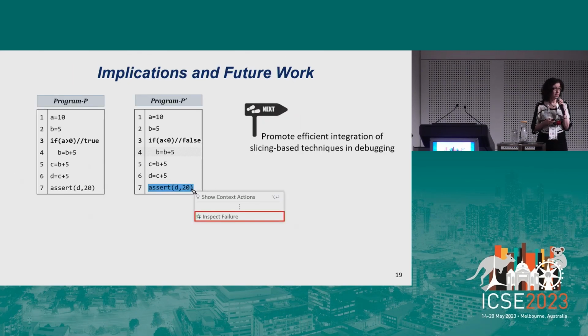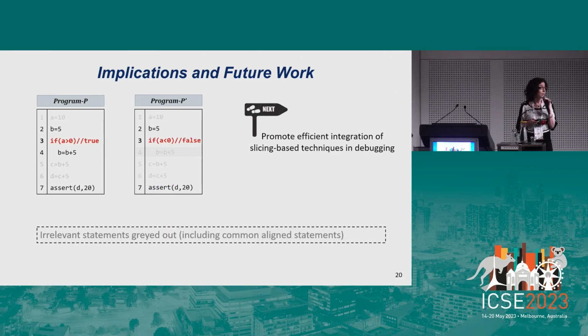Now, in 1 minute, I want to add where we are going with all that. From the beginning, our overall goal was to see how to facilitate integration of slicing-based techniques or program analysis-based techniques into the debugging workflow. So we envision a workflow where a developer can say, let's inspect a failure, press a button, and all statements deemed irrelevant by our approach will be grayed out or otherwise marked in the debugger.